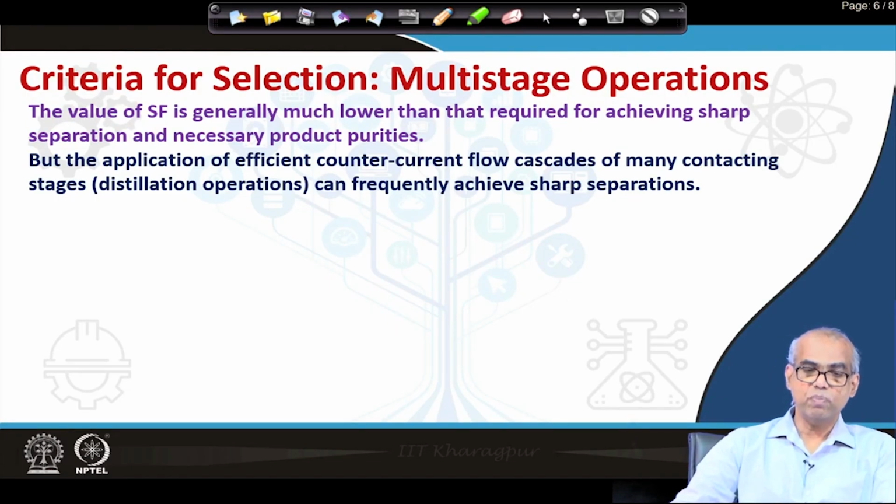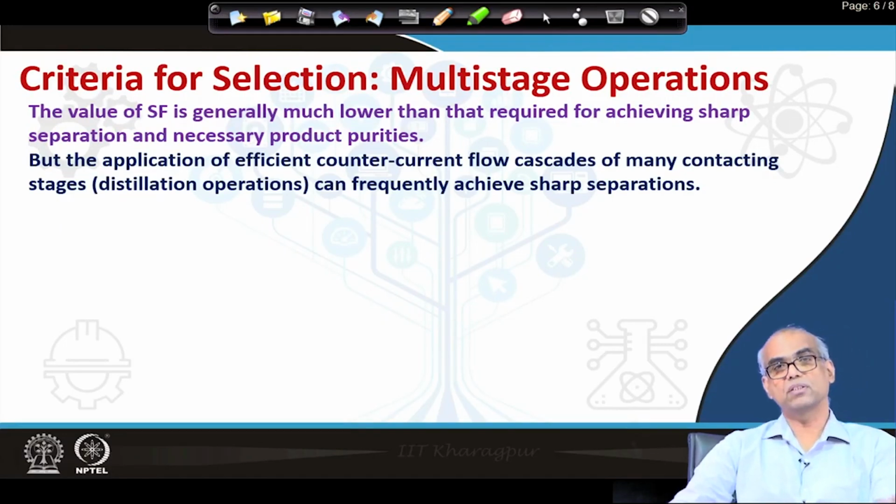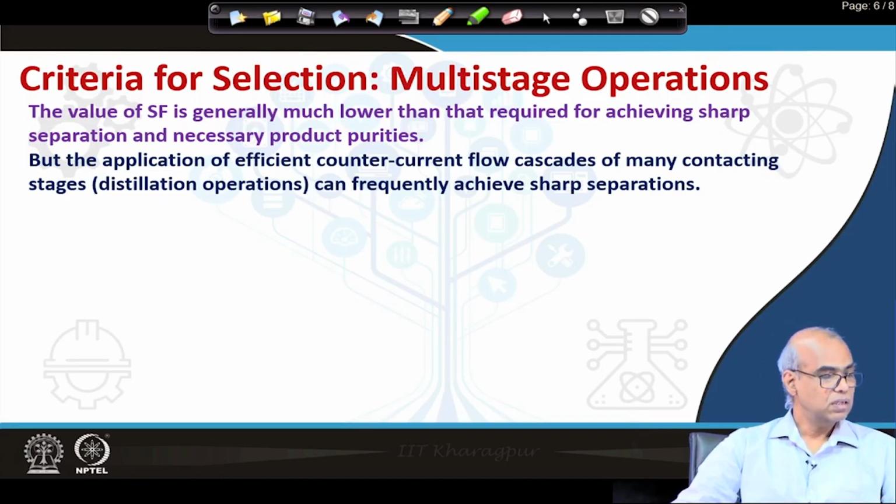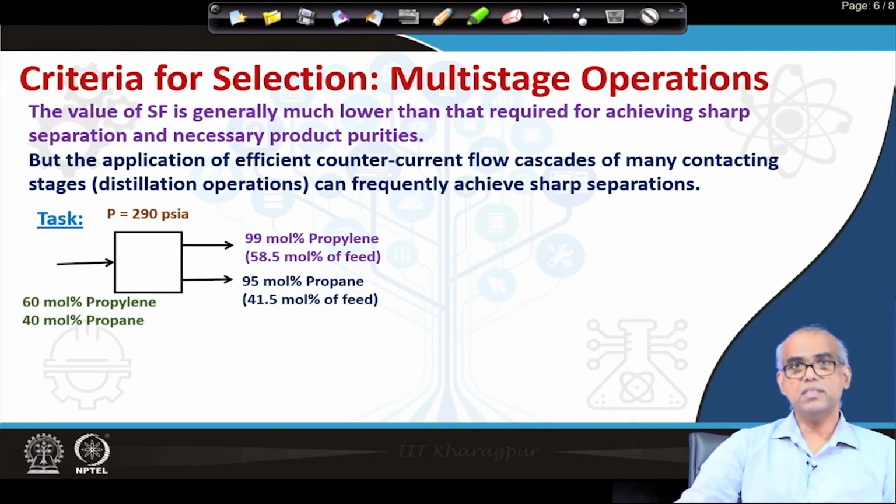However, when we perform efficient countercurrent cascades of several contacting stages, we can frequently achieve sharp separations. For example, we generally obtain sharp separation in distillation operations, unless they are very close boiling mixtures.